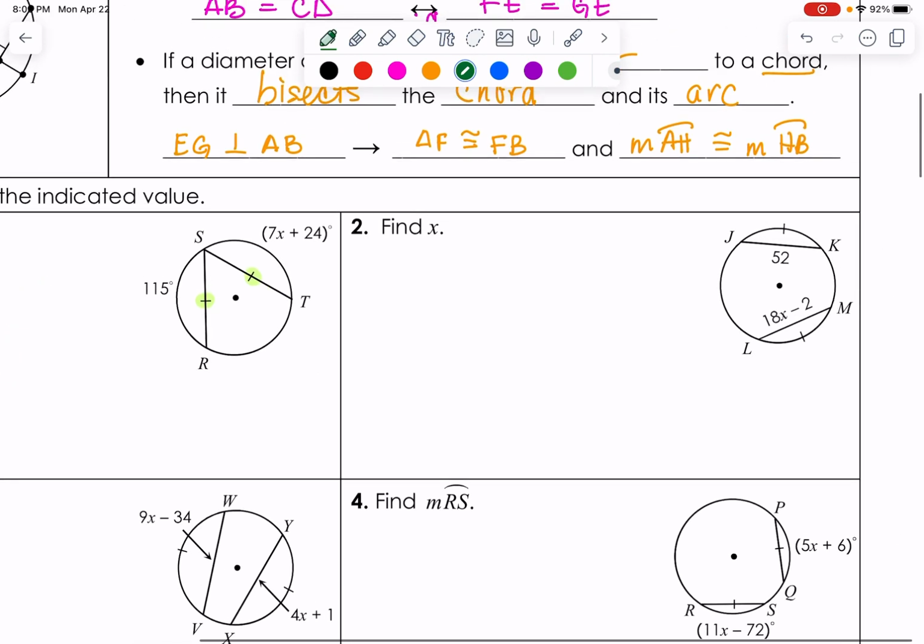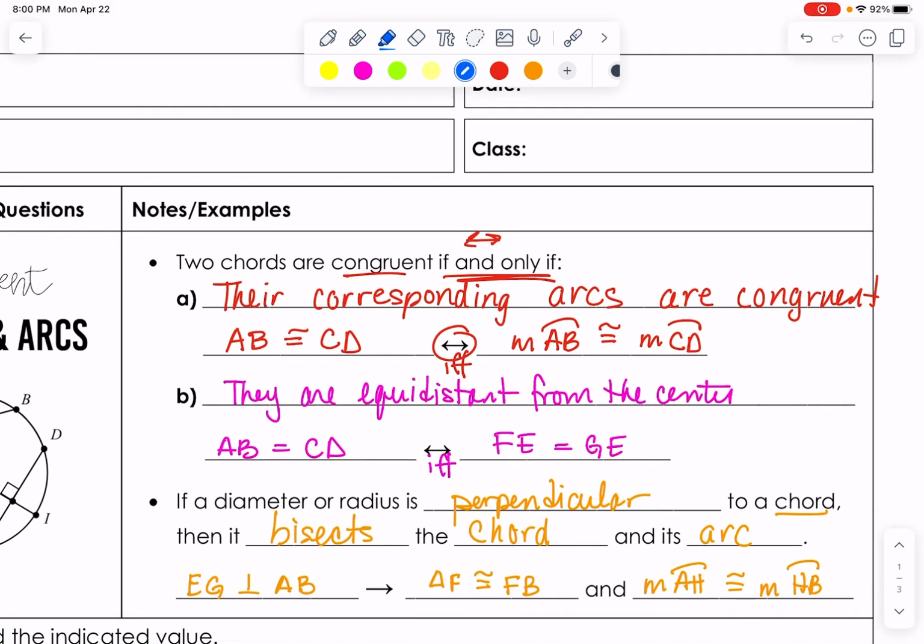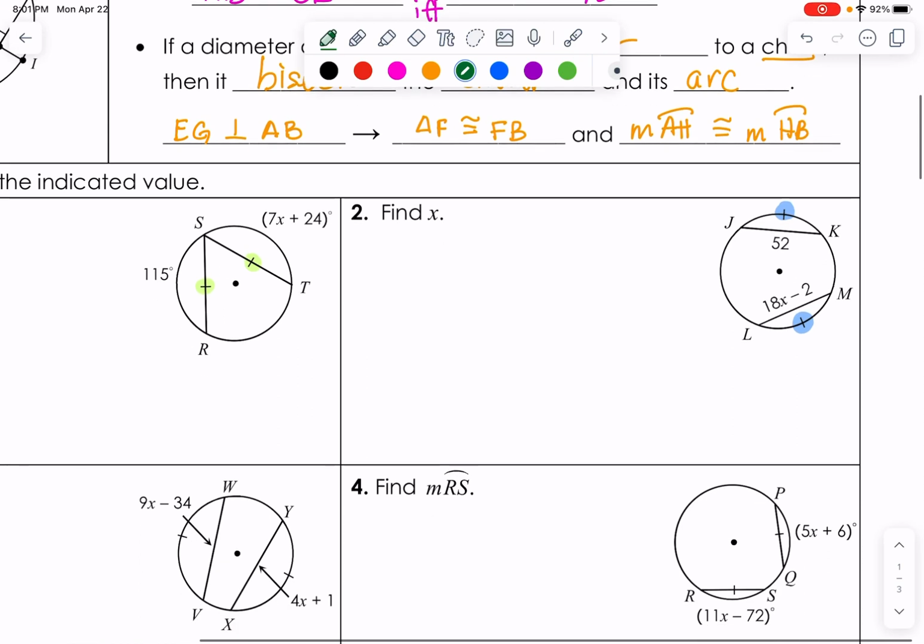So let's look at the next one. This time I tell you that the arcs are congruent, but I told you that this sentence goes both directions. This time the arcs are congruent, that means that the chords have to be too. So that means that 18x minus 2 has to equal 52.